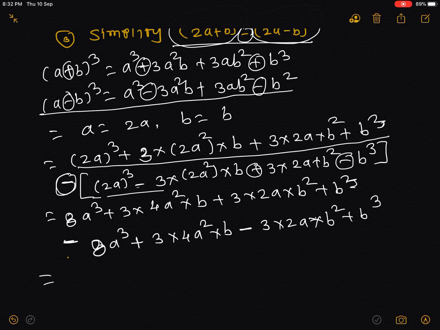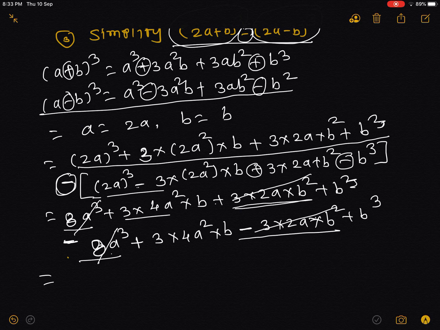See all the terms. 8a³ and minus 8a³: this is plus 8a³ and this is minus 8a³, they get cancelled. Then 3 into 2a into b² with a plus sign and 3 into 2a into b² with a minus sign again get cancelled.